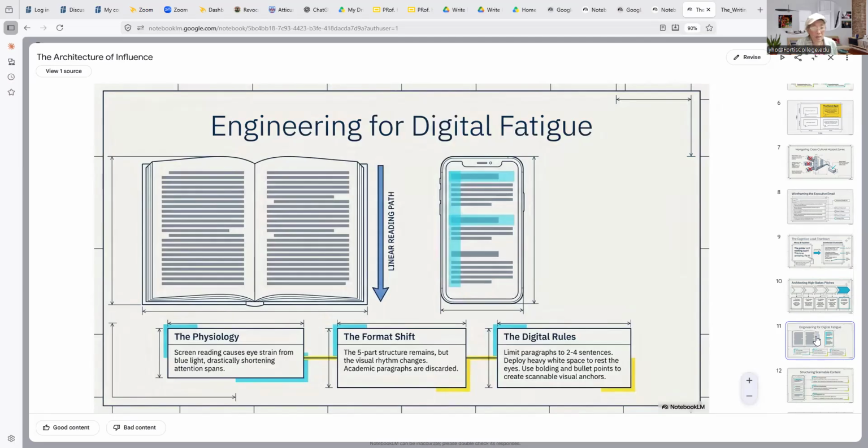And then here, engineering for digital fatigue. If you are tired and you use the 5-paragraph essay structure, you don't have to really do that much thinking because it's always the same structure. You have the main idea, introduction, main idea, 3 body paragraphs, or in an email it's 3 sentences.